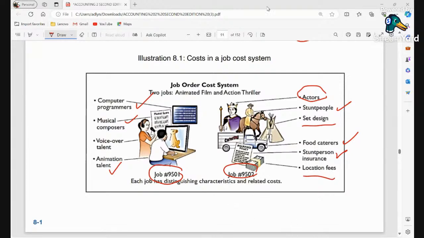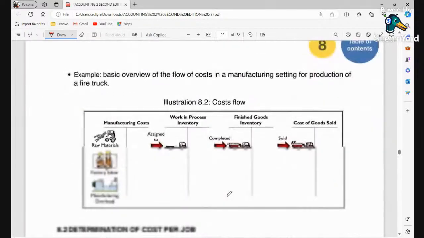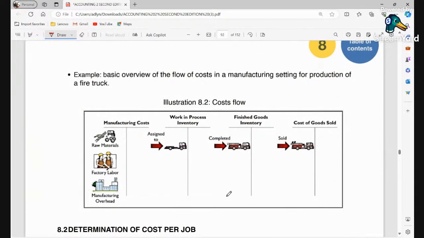All right. Okay, next, we look at the next page. This is the basic overview of the flow of cost in a manufacturing setting for the production of a fire truck. As usual, the manufacturing cost or product cost will be raw materials, factory labor, direct labor, and also the manufacturing overhead.